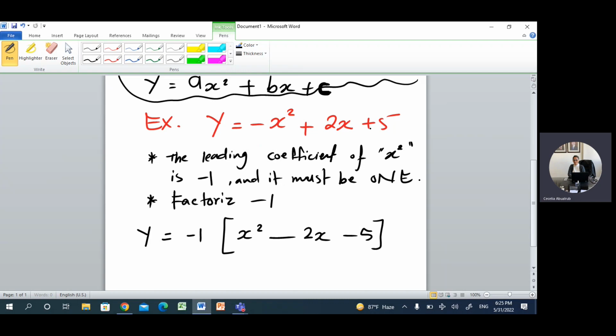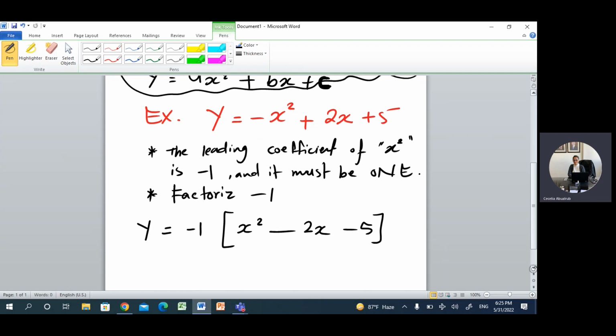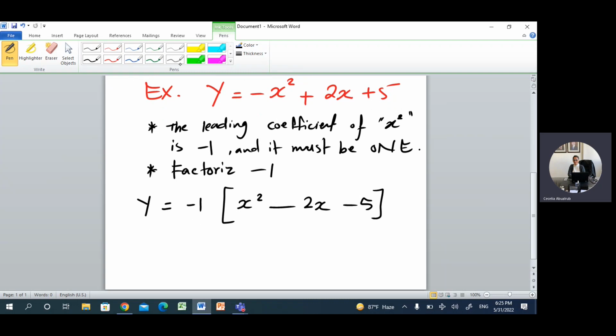So this is equivalent to this. So this is step number 1. And then you go with the steps as you are used to. You will say a is equal to 1, it's the coefficient of x squared. b is equal to -2, it's the coefficient of x. And c is equal to -5, which is the constant on its own.